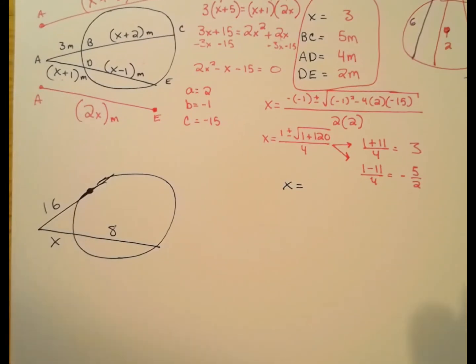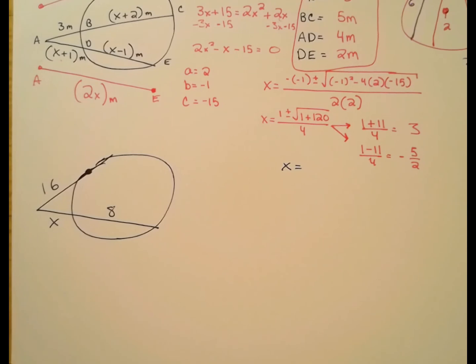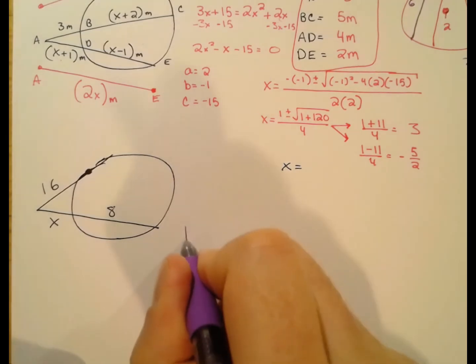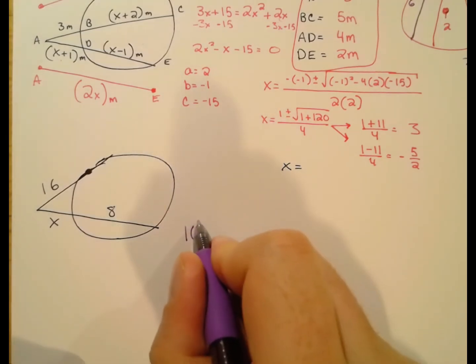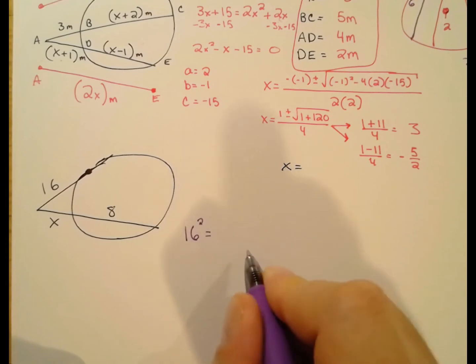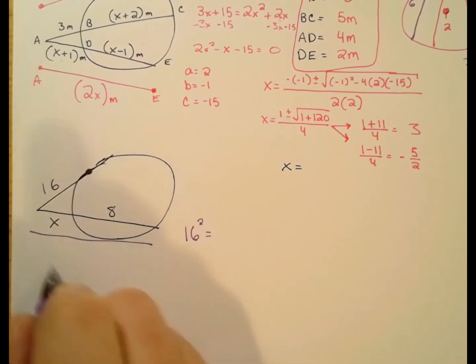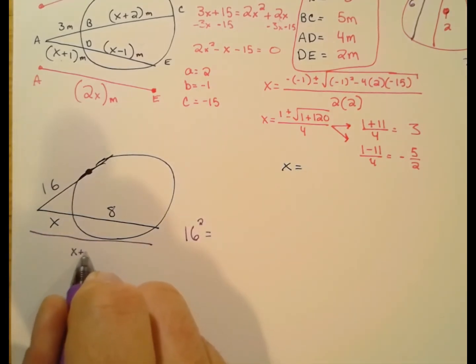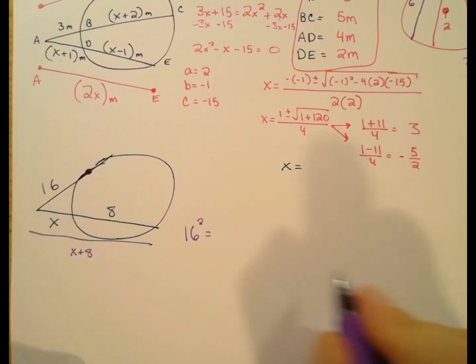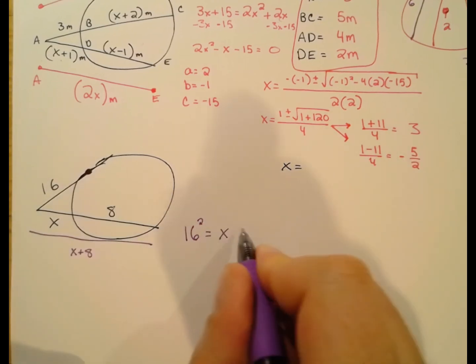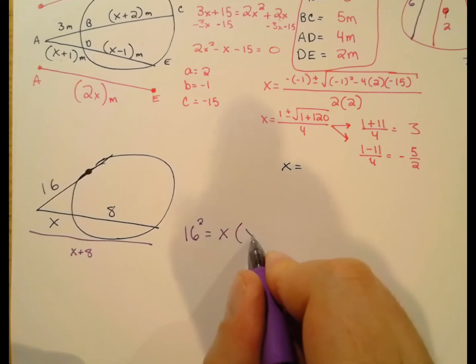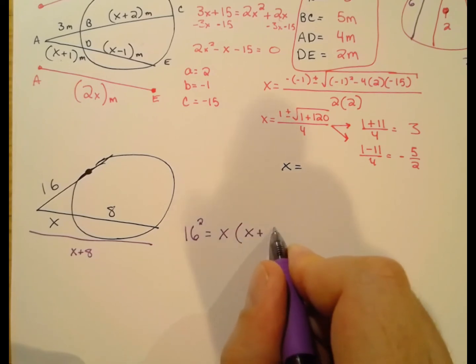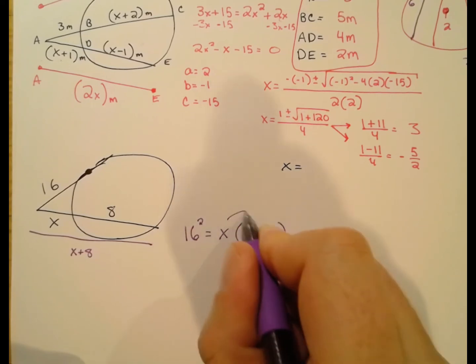So one last problem here. This time we've got an entire tangent that squared is going to equal the product of the portion on the outside times the entire secant.